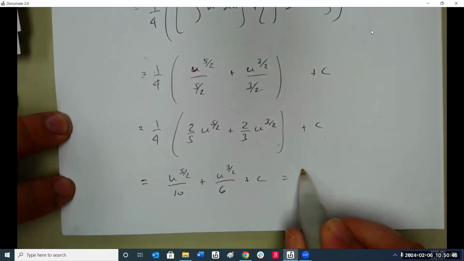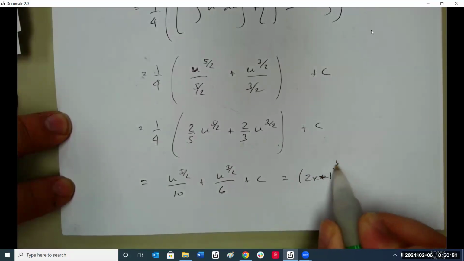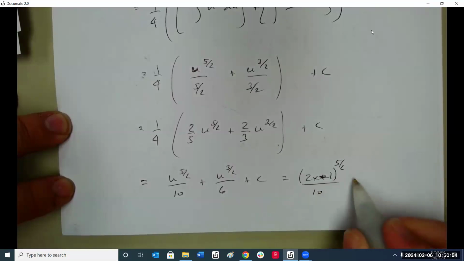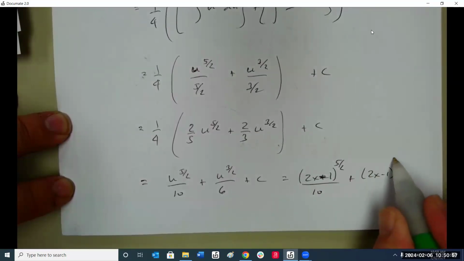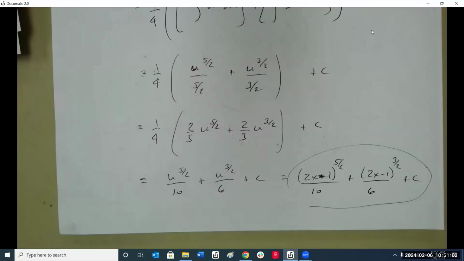So we have 2x minus 1 to the 5/2 over 10, plus 2x minus 1 to the 3/2 over 6, plus c. That's the answer I got.